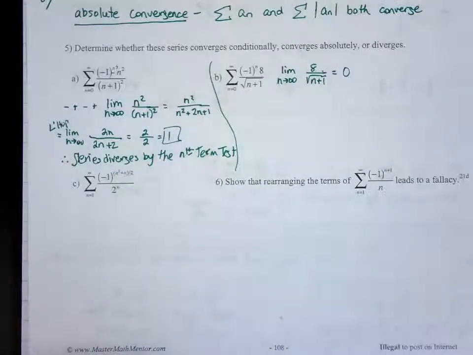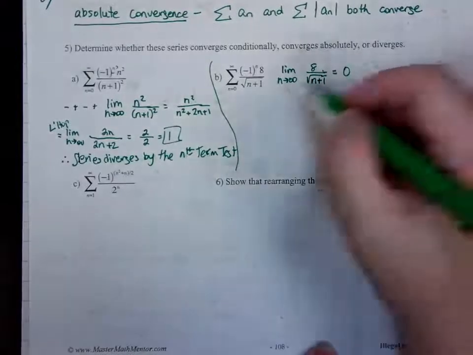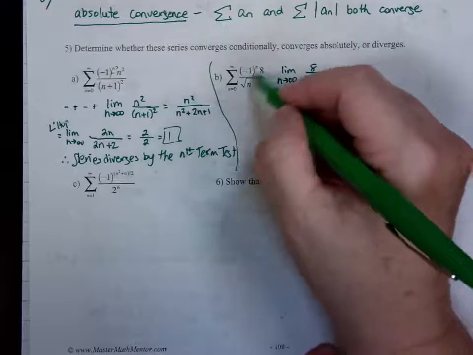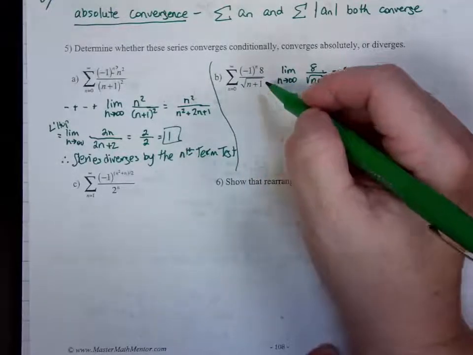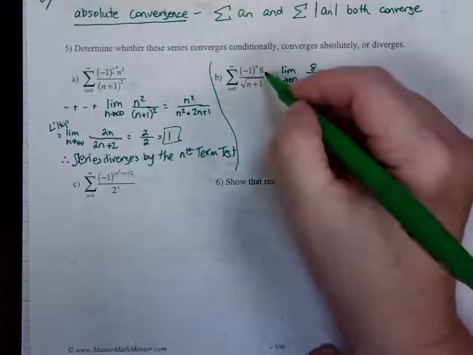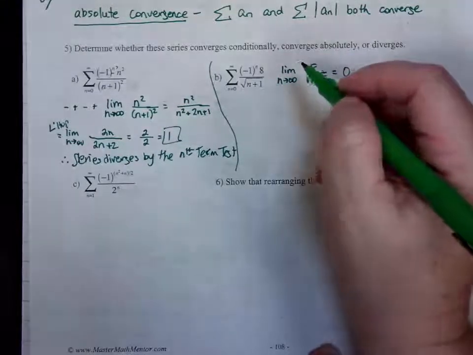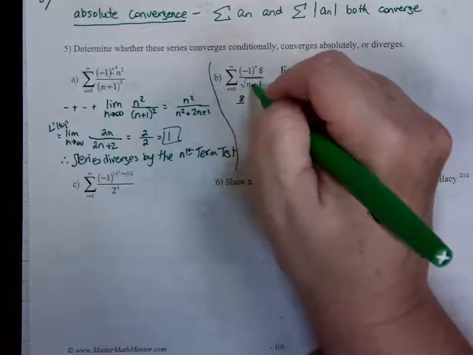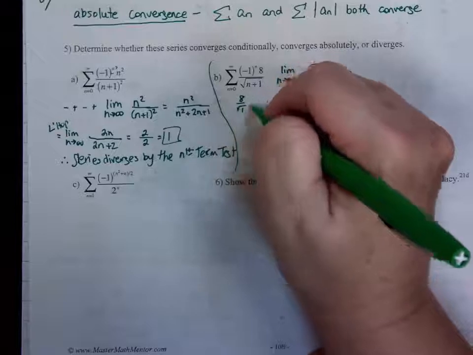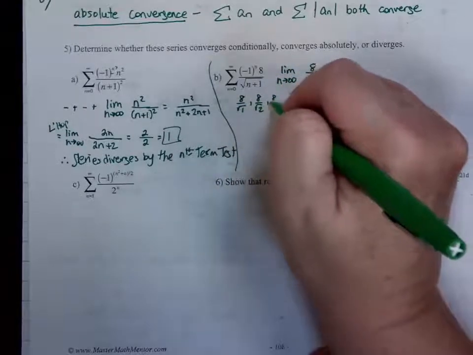Now, this is when I need to really know what's happening with the terms. Sometimes you can tell just by looking at the sequence if they're going to be getting smaller. Sometimes you're going to need to write it out. But in actuality, it doesn't matter what the signs are, does it? So we have 8 over the square root of 1, and then 8 over the square root of 2, 8 over the square root of 3, dot, dot, dot.